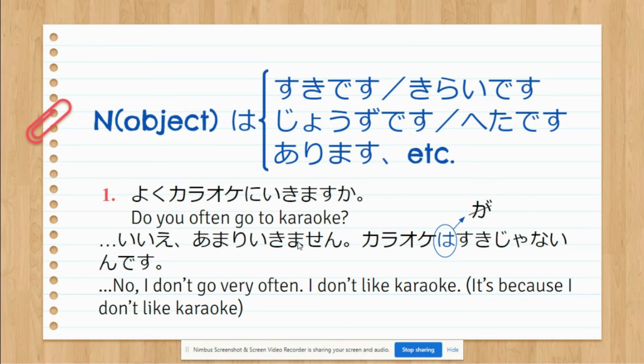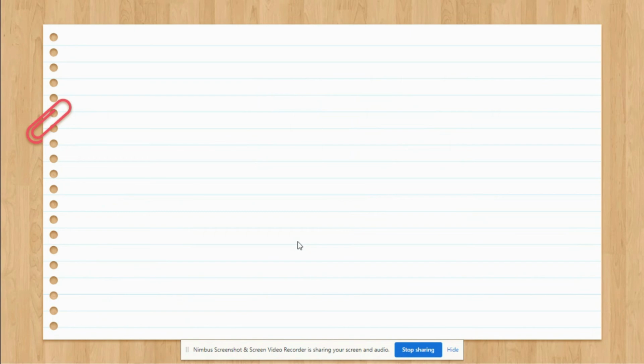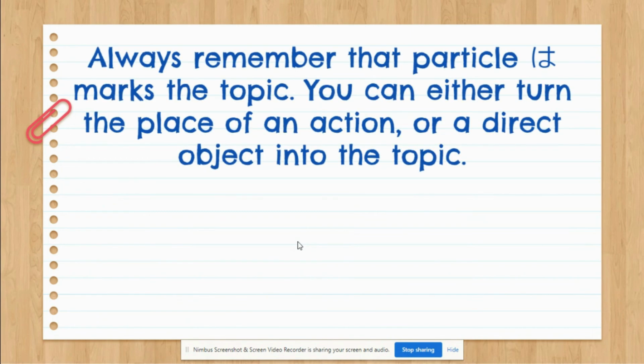You remember when we are trying to describe an object or a noun, we use noun ga adjective. Like this one, karaoke ga suki janai desu. So in this pattern, we can always change particle ga into wa. Why? We just have to remember that particle wa is a marker of the topic.